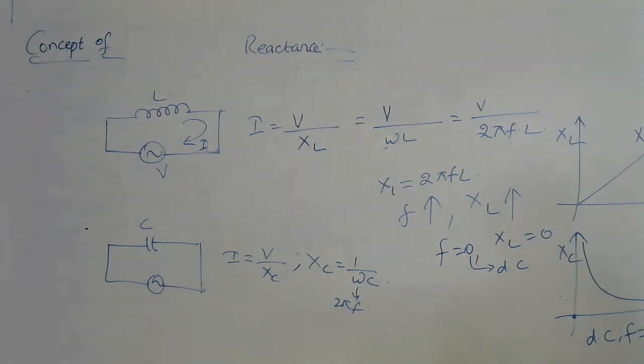We can represent reactance as X, either inductive reactance or capacitive reactance. In inductive reactance, as frequency increases, reactance also increases. Whereas in capacitive reactance, frequency and reactance are inversely related. So as F is equivalent to 0, Xc will be of maximum value.